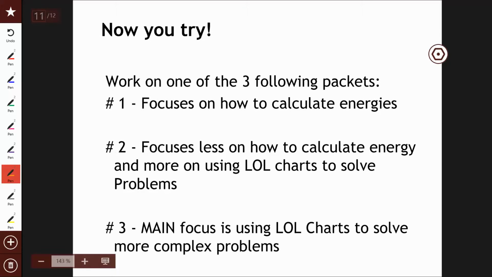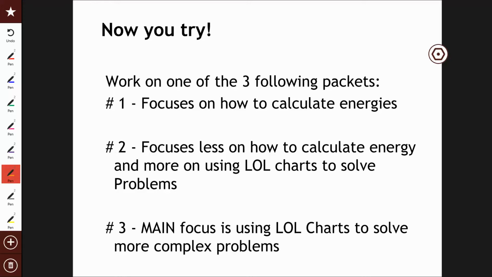So what we're going to do now, we're going to work on this on our own a little bit. We have three options. For people feeling the challenge, you can start with the first option, which focuses on the energy calculation basics first, and then gets more advanced, and we end with LOL charts and problem solving.